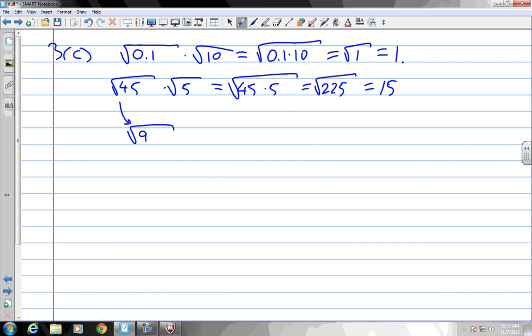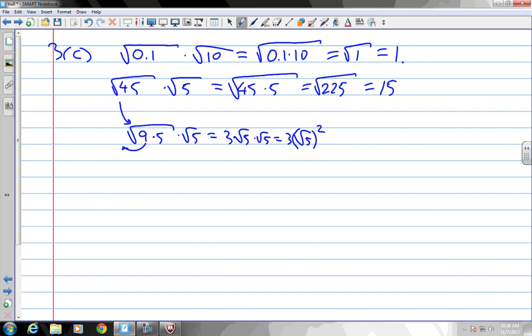45 is the same as 9 times 5, right? And so you can do square root of 9. You can take the square root of 9, becomes 3. So here you have 3 times square root of 5 times square root of 5, which is the same as 3 times square root of 5 squared, right?